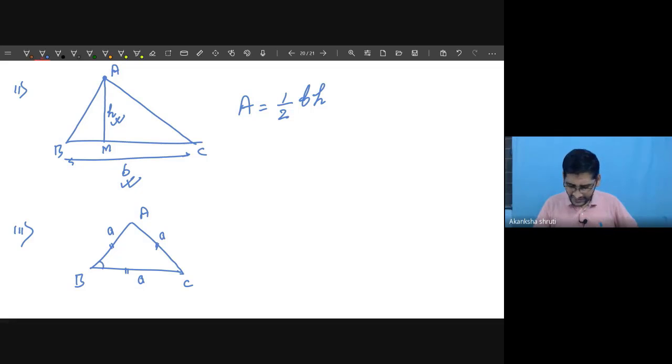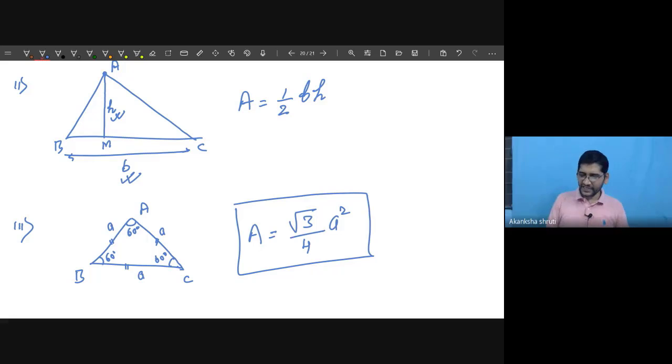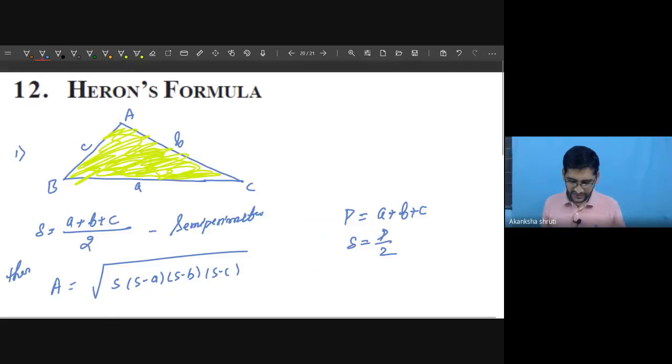Also, each angle will be equal, and by the angle sum property 3x will be 180, so each angle will be 60 degrees. In this case, the area is root 3 divided by 4 times the side length squared. Whether you calculate the area by any method, you will get the same result. So this was all about it.